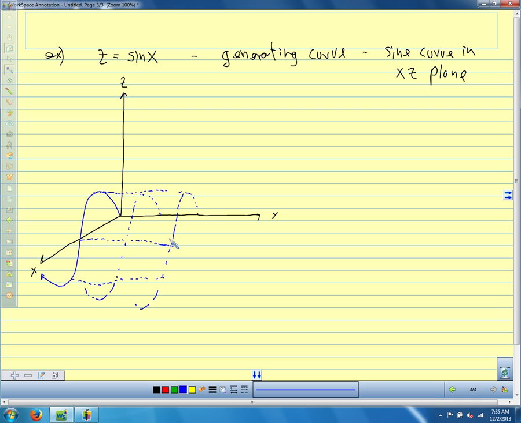I think of it as kind of a corrugated tin roof. Just keeps going, undulating like that. When we classify this, it would be a sinusoidal cylinder. So z equals sine of x for any value of y. So this is going to extend along the y-axis and be this sheet.